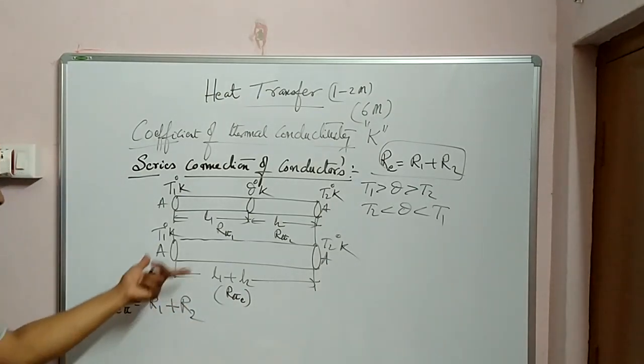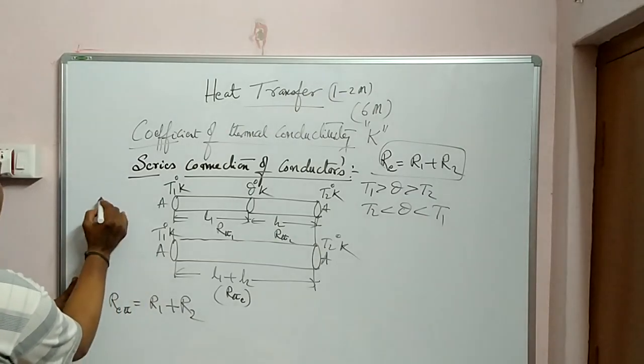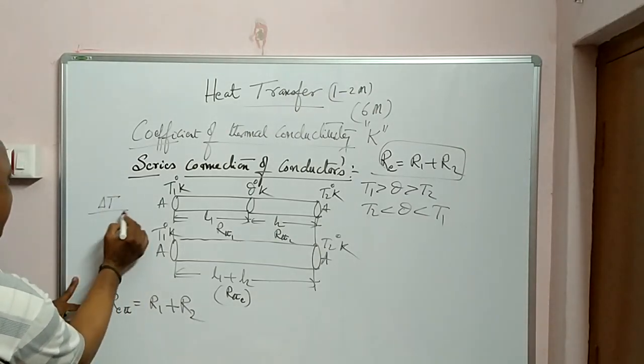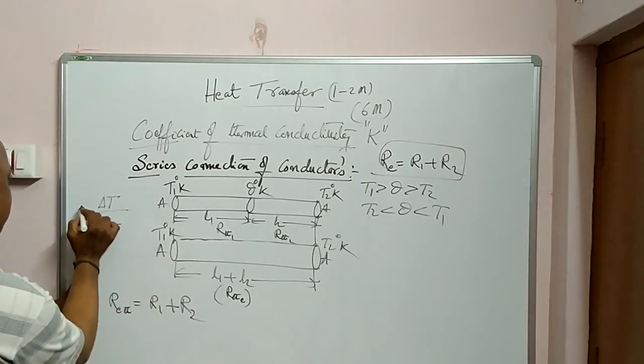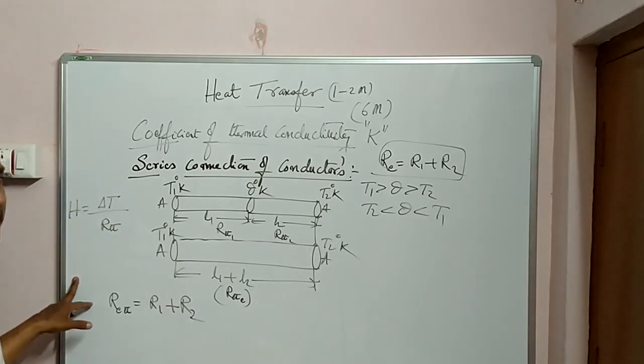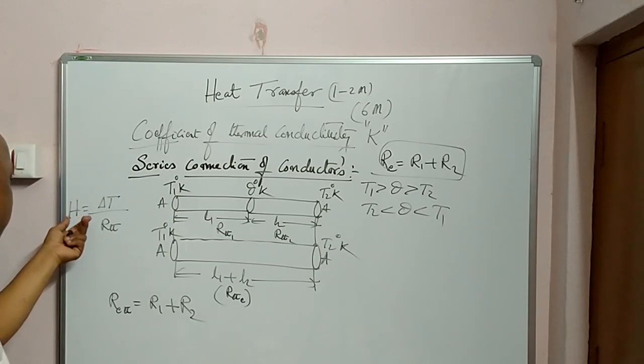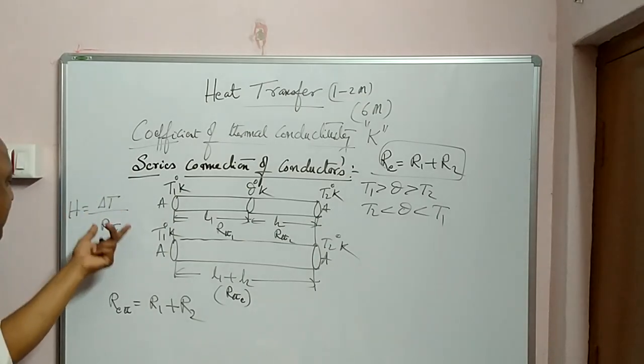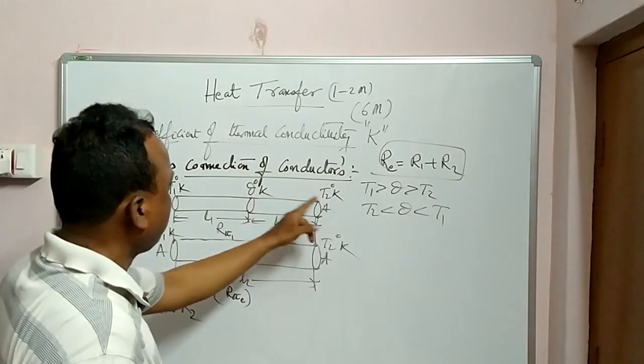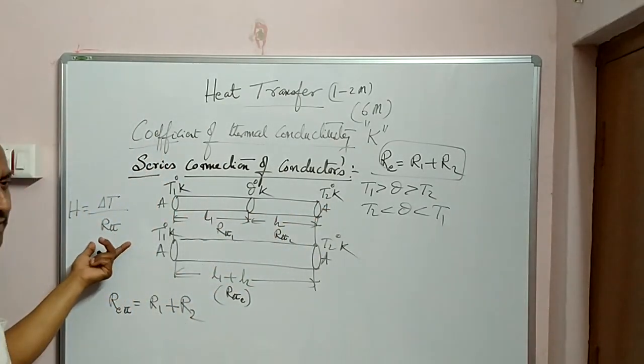What was the original formula here? Temperature difference by R thermal is equal to heat current, that is Q by t, the rate of flow of heat, which is equal to T1 minus T2 by R thermal.